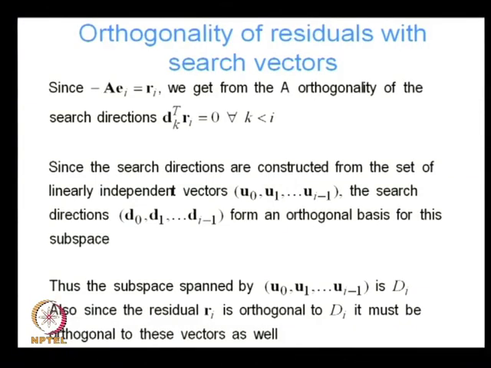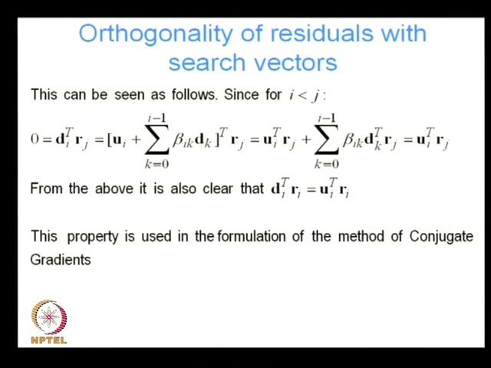And since r_i is orthogonal to the d_0 through d_(i-1) vectors, that means r_i is orthogonal to that subspace spanned by those vectors. r_i is orthogonal to any vector which can be formed by a linear combination of those d vectors. That means r_i must also be orthogonal to my u vectors, because I can always write those u vectors as a combination of those d_0, d_1 to d_(i-1) vectors, right. So r_i is orthogonal to those u vectors.